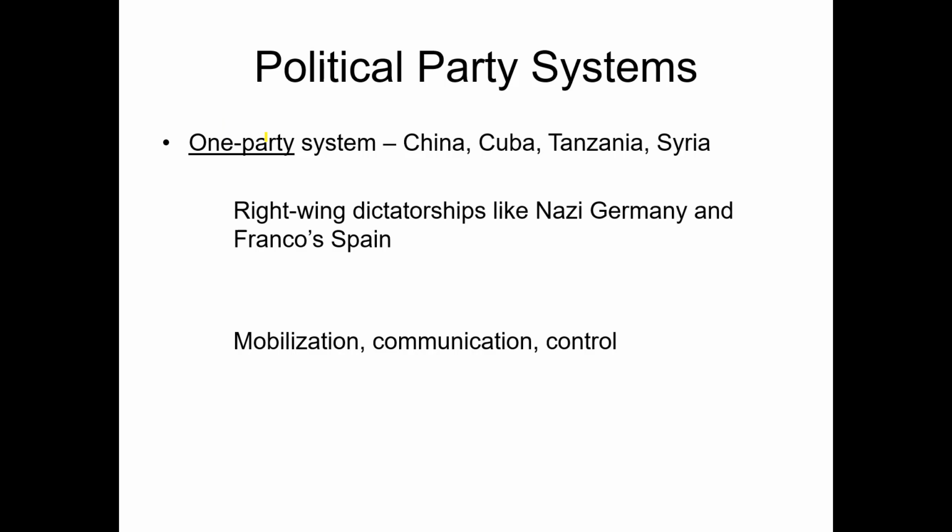Looking at some examples of party systems, a one-party system, which we've touched on here and there. China is a one-party system. Cuba, Tanzania, Syria, and Russia is pretty much devolving back into a one-party system of the Putin party. There have been examples over the years, such as right-wing dictatorships like Nazi Germany, as well as Generalissimo Franco's Spain, a right-wing party there, unopposed for the most part.